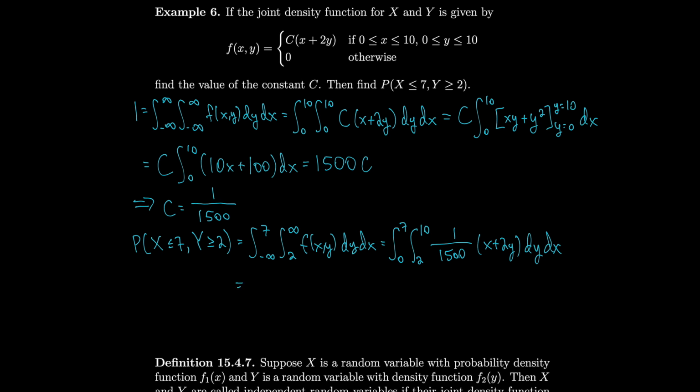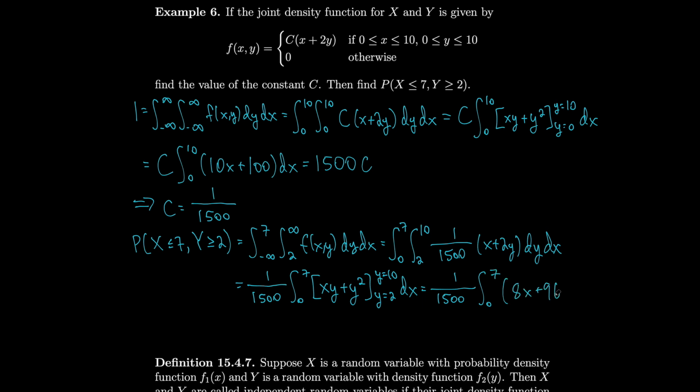So that's equal to 1 over 1500 times the integral from 0 to 7 of xy plus y squared from y equals 2 to y equals 10, which is just 1 over 1500 times the integral from 0 to 7 of 8x plus 96 dx.